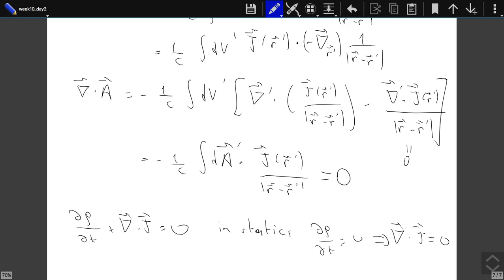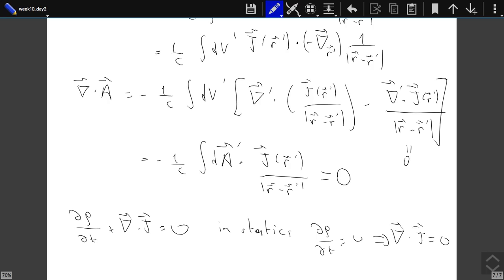This is the divergence of J term, but I cannot convert it to a surface integral. The integrand is not the divergence of an expression. It's the divergence of an expression divided by some other function. So if r minus r prime was not there, then I could say, but that second term, as a whole, is not the divergence of an expression.